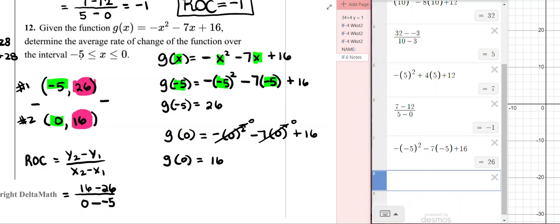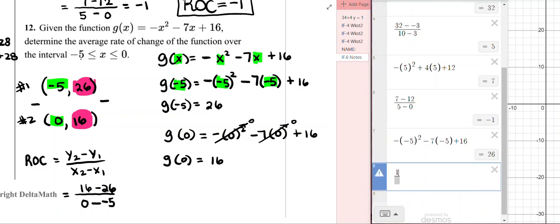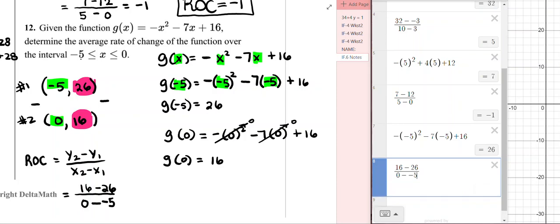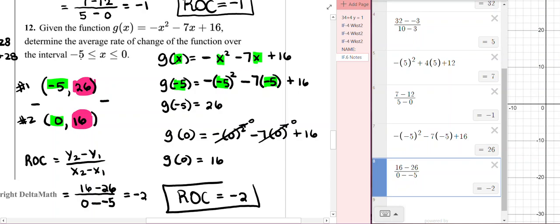All right, putting this in the calculator. 16 minus 26 over 0 minus a -5. So we get a -2. This means that the rate of change is equal to -2. It's decreasing in that x interval.